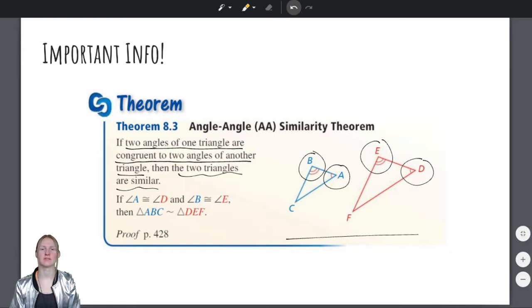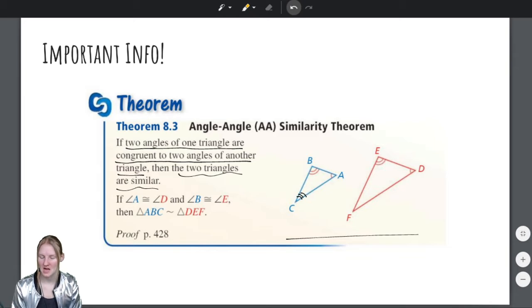No ifs, ands, or buts. Because remember in section 5.2, we talked about the third angles theorem, which said if I know what two of the angles are, I can find the third pretty easily. If this is 110 and this is 30, I can take 180 minus 140 and easily find the other angle.